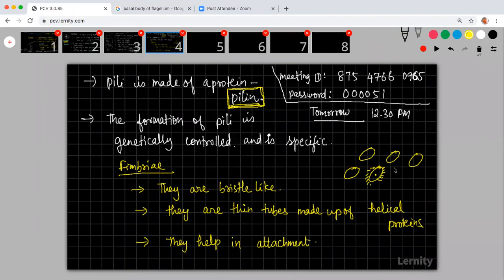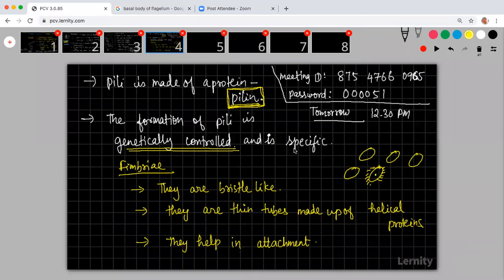Fimbriae is not specific for gram positive or gram negative, whereas pili is found only in gram negative, and pili is highly genetically controlled. What is the meaning of genetically controlled? It means that the genes will control it. Only if it has the gene to produce pili, it will produce it.